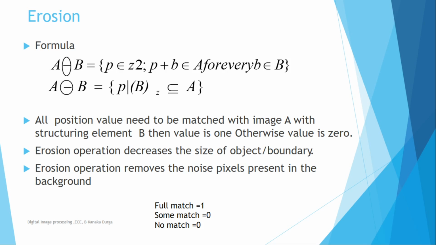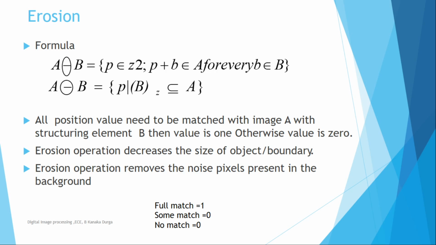Erosion. A minus sign with a circle is the erosion symbol. A eroded by B is the set of P belongs to Z square, where P plus B belongs to A, for every B element belonging to capital B. In this, all the positional values should match with respect to the structuring element. Then only the erosion value will be 1, otherwise the value goes to 0.